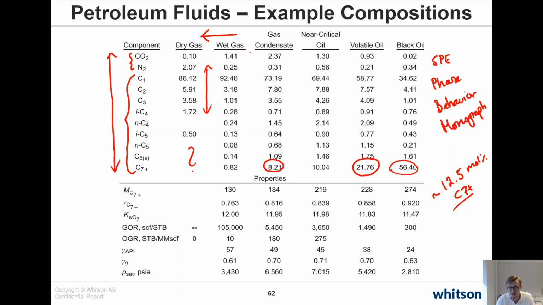What we see for the wet gas reservoir is that we have components in that C5 to C7 range. Depending on how efficient your surface process is, components that are higher than C5 plus, C6 plus, or C7 plus is a good proxy of things that make up essentially stock tank oil.